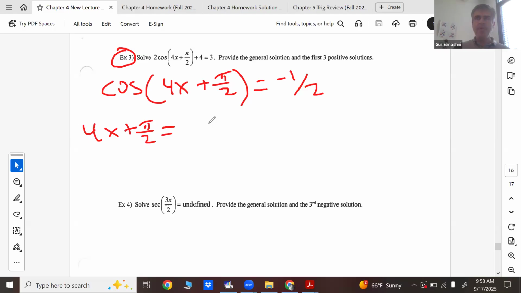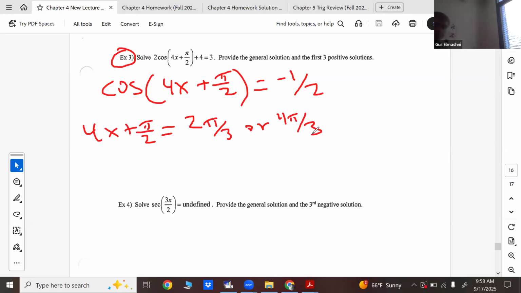What do you guys think? Pi over... 2 pi over 3 and? Good. How do we get there? Subtract 1 and divide by 2, and then do the inverse cosine of 1/2. Yeah, 2 pi over 3 and 4 pi over 3, I agree.